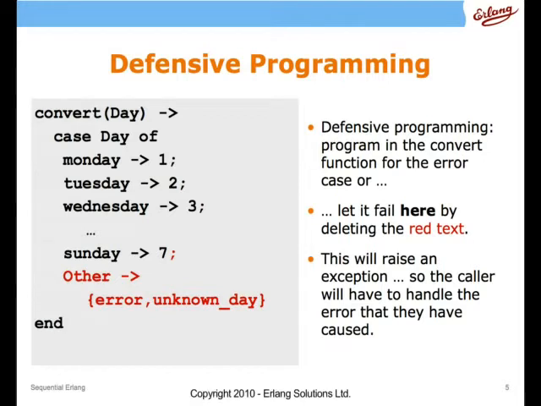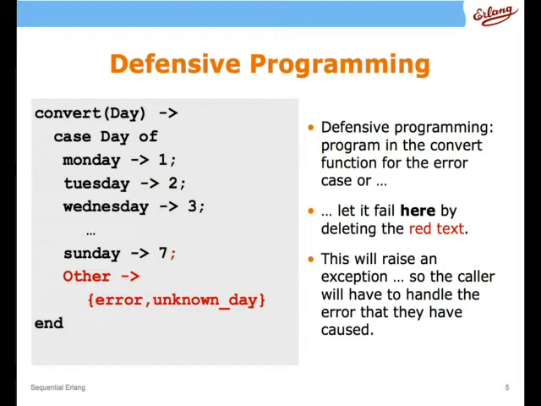So Monday gets converted to 1, Tuesday gets converted to 2, and so on. And what we've included there is the final catch-all clause. What that says is, for any other input, what you return is a tuple beginning with error, signaling there's an error value there, and just returning the atom unknown_day in the second half.